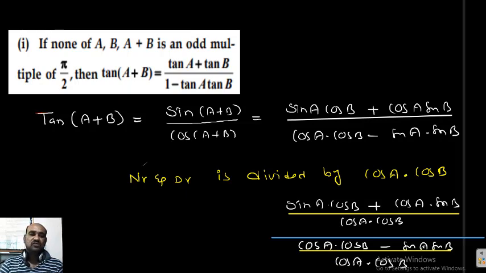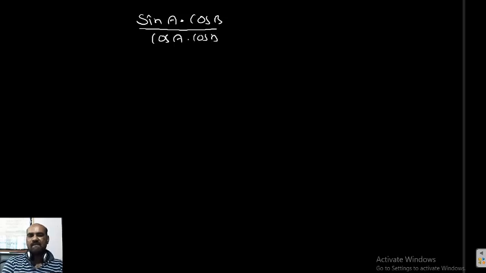Okay. Students, a plus b by c means you can write that as a by c plus b by c, or a minus b by c means you can write a by c minus b by c. Now I want to split it on the next page. Students listen. Sin a cos b by cos a cos b plus cos a sin b by cos a cos b.